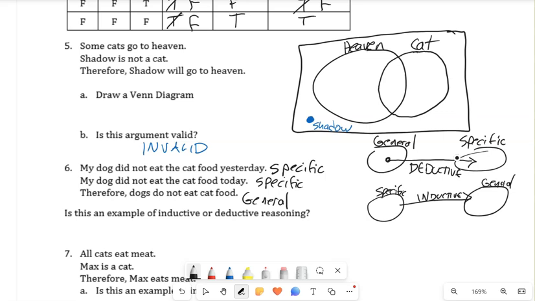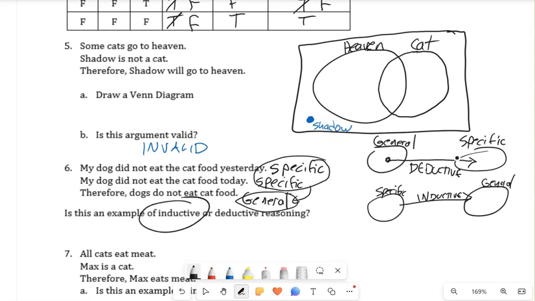So in this case, we're trying to take specific information and conclude a general fact. Specific information about my dog not eating the cat food yesterday or today, trying to get to a general statement, dogs do not eat cat food. The argument is inductive.